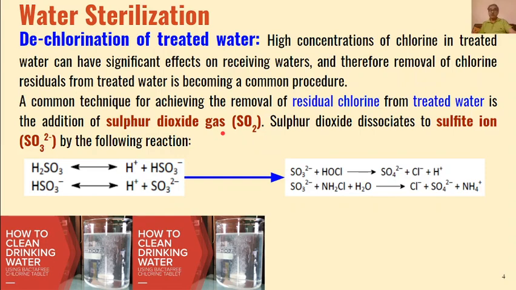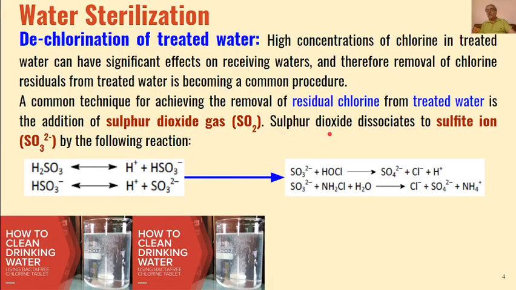What happens is, when we add sulfur dioxide, that sulfur dioxide will react with water, and we will get H2SO3. Sulfur dioxide plus water gives us H2SO3, and this dissociates into H+ ions and HSO3-. Then this HSO3- will further lose one more proton and be converted into sulfite ions.